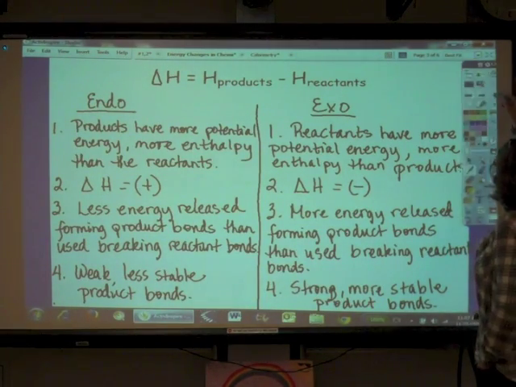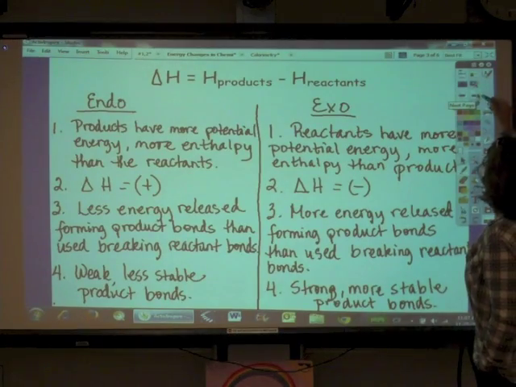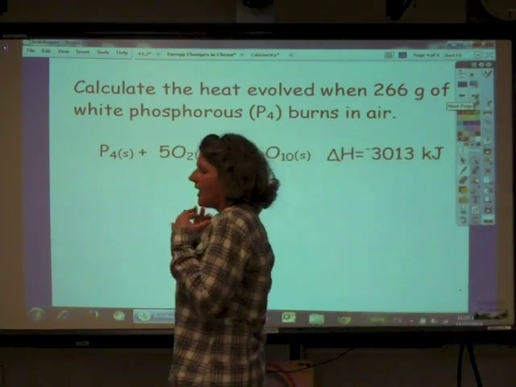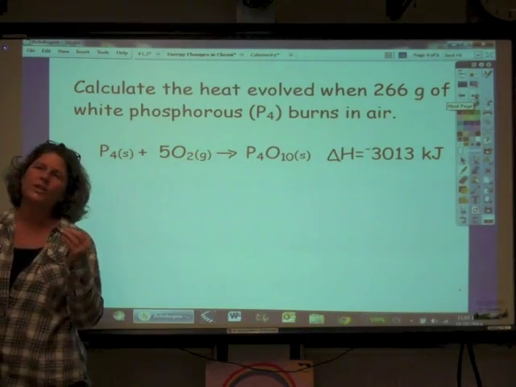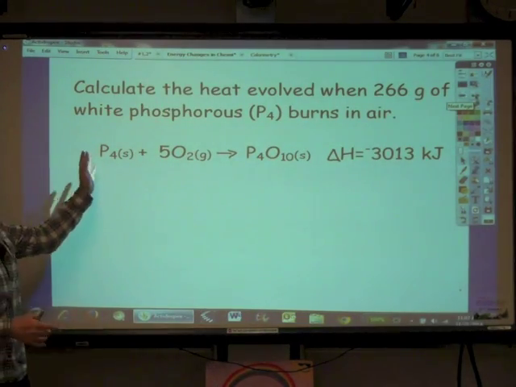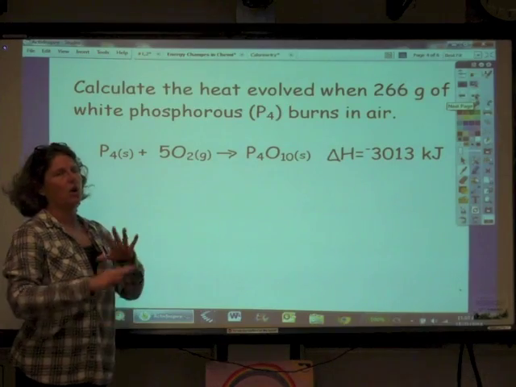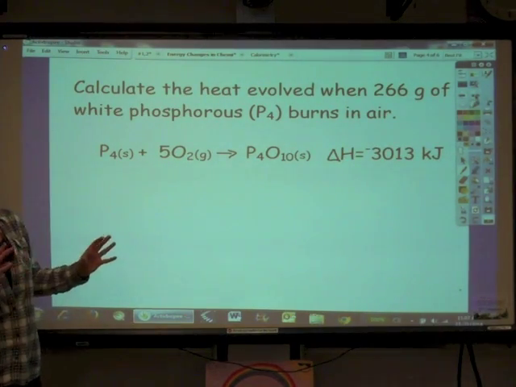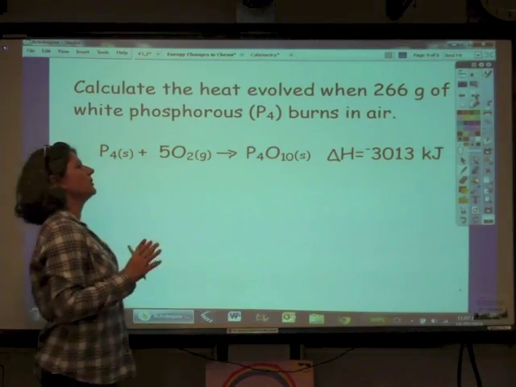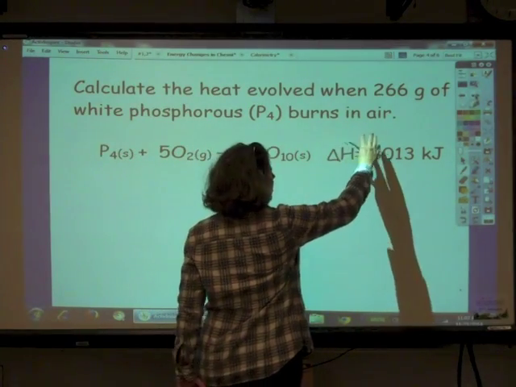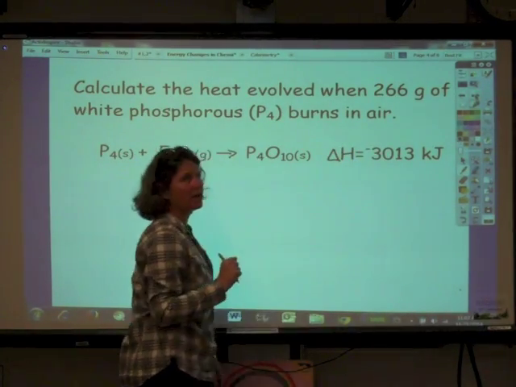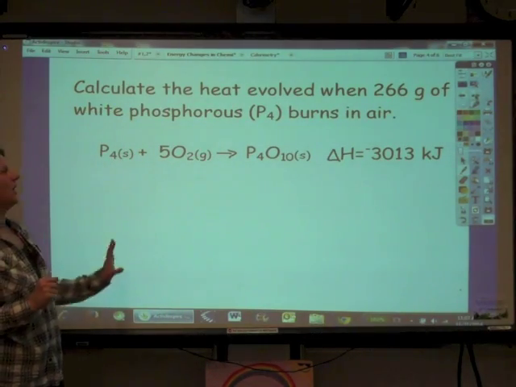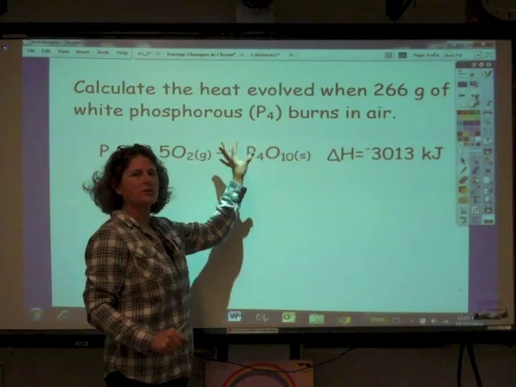So if we, again, look at this reaction, energy is always used in breaking reactant bonds. Always energy is consumed. Figuring out whether the thing overall is going to be exothermic or endothermic depends on what kind of products we're forming.